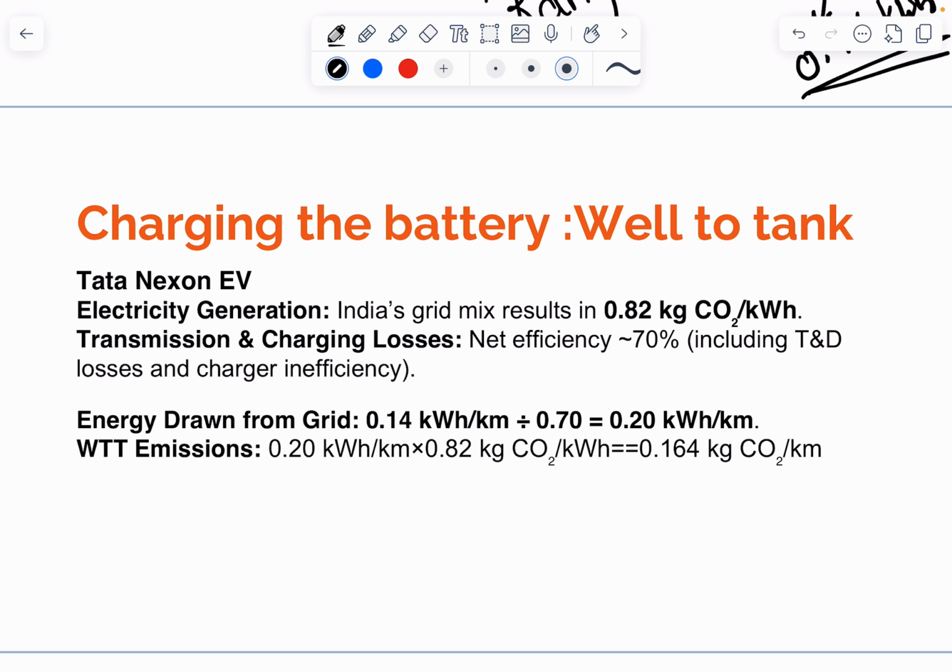So I had chosen a number of 0.82 kgs of CO2 per kWh. This calculation should be clear to you if you have understood the calculations which we had earlier done in our carbon footprint calculations course. So 0.82 kgs of CO2 per kWh is the value which I am assuming for India's grid.